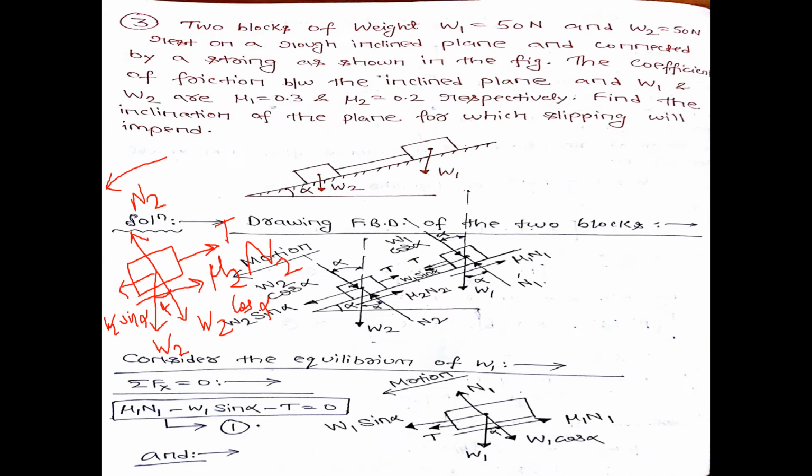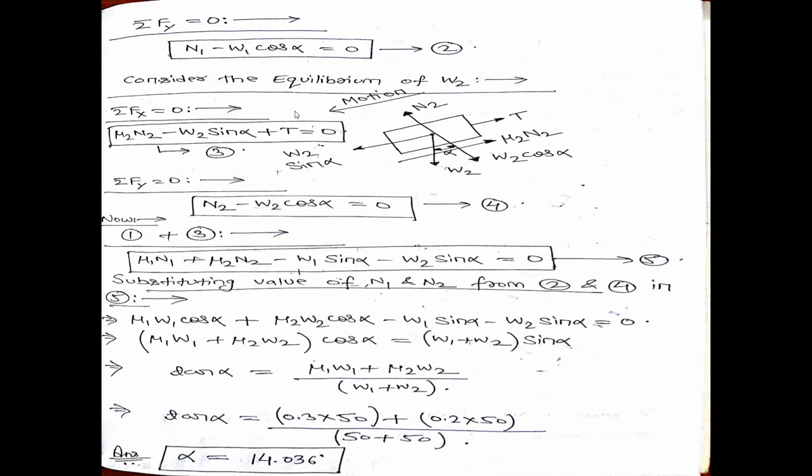You can see that this minus T and this plus T will cancel if you add equation 1 and 3. So the final resulting equation becomes mu1 N1 plus mu2 N2 minus W1 sin alpha minus W2 sin alpha equal to 0, which is equation number 5.